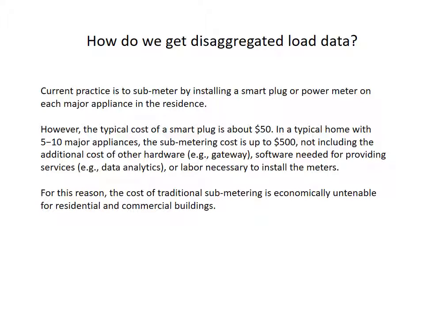We can't expect every utility in the United States to pay for everybody to get this type of device level measurement installed at their houses. So we need some other, non-traditional way to get submeter data for residential and commercial buildings.